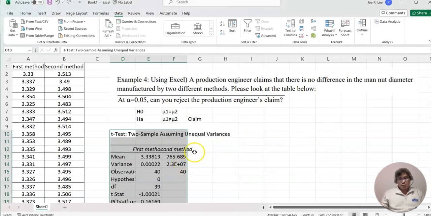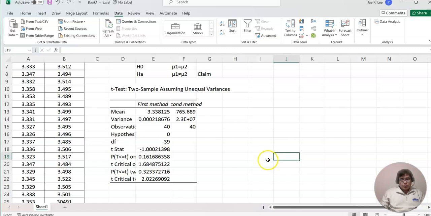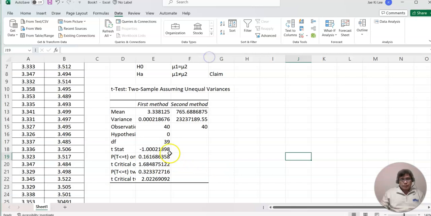Now we see this table. We focus on looking at this value here. The t statistic is basically the z-score, then the p-value and t critical.